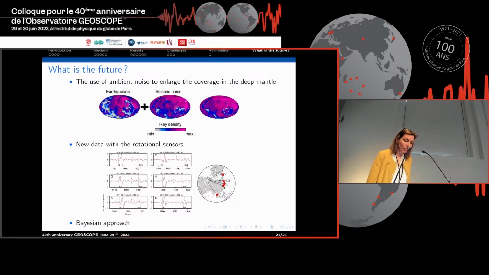So I would like to conclude by acknowledging that Geoscope was definitely a starting point to make global tomography, even though I was very young and did not see that. Today our job is made easier because all these projects have started, and I hope they will of course continue in the future. Thank you.